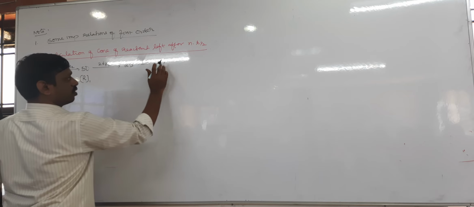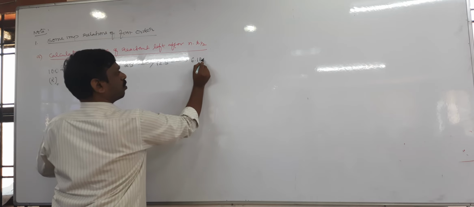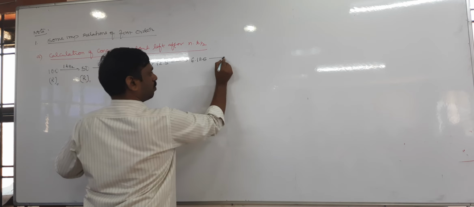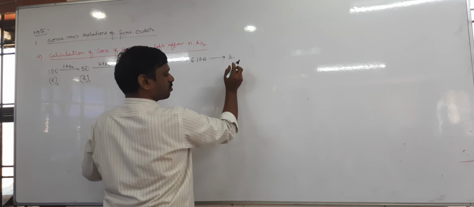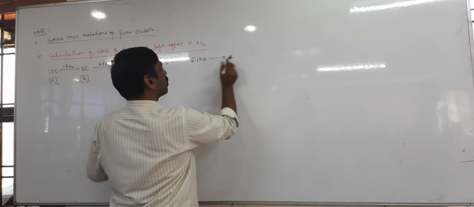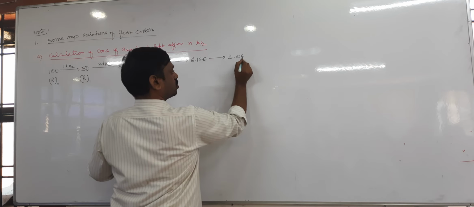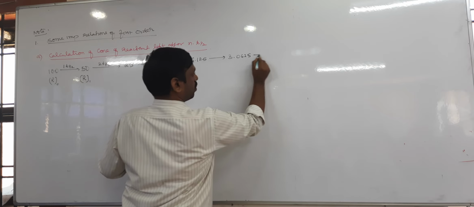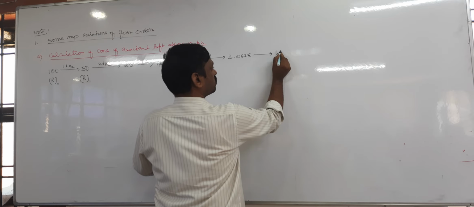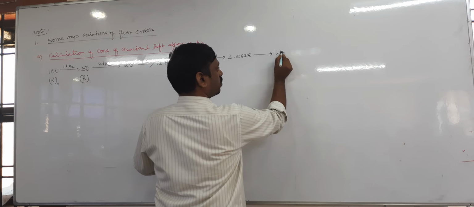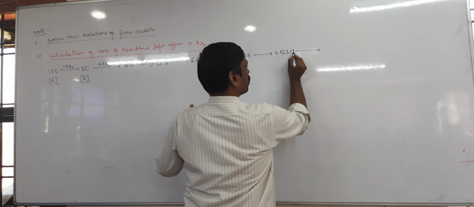Okay, next quickly, 12.5, next is 6.25, next make it half, 3.125, next is 1.5625, next 0.78125.